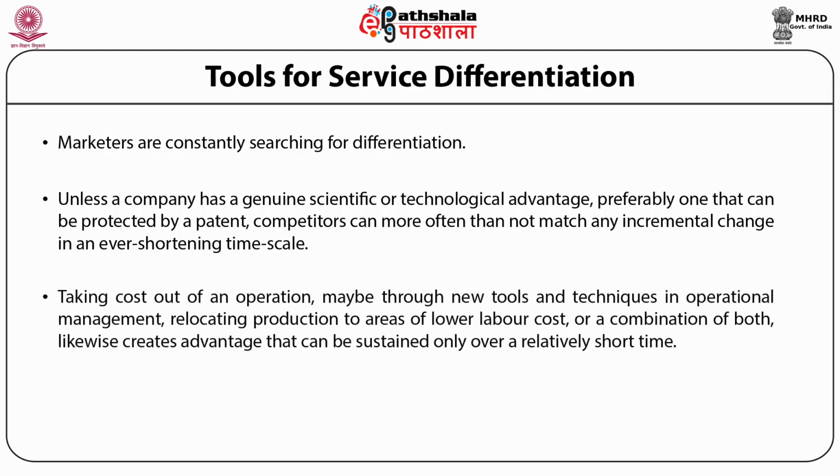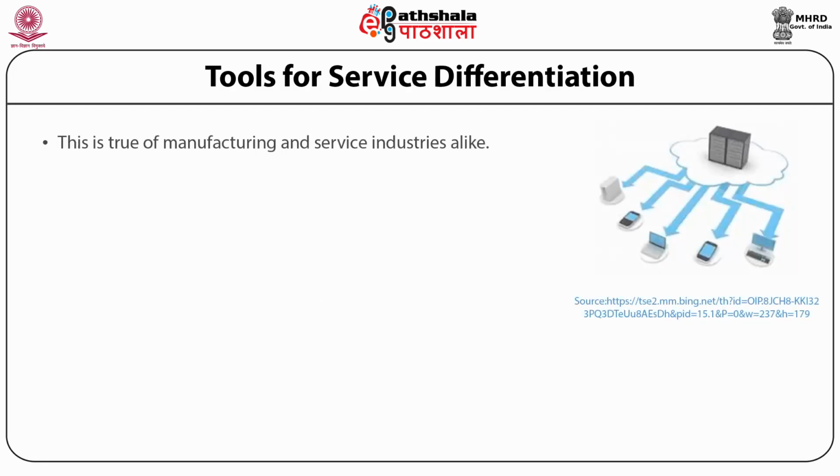Taking cost out of an operation may be done through new tools and techniques in operational management, relocating production to areas of lower labor cost, or a combination of both. Likewise, it creates an advantage that can be sustained only for a relatively short time. This is true of manufacturing and service industries alike.